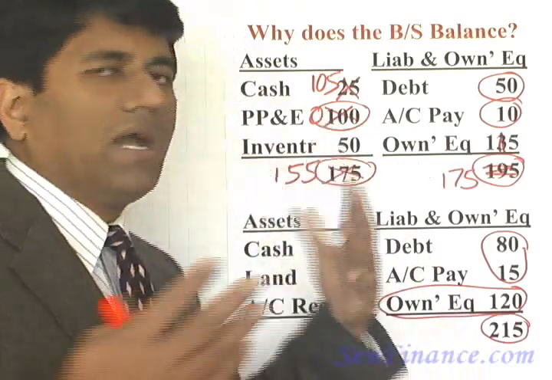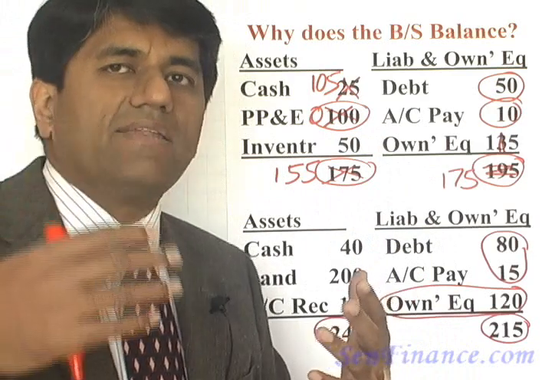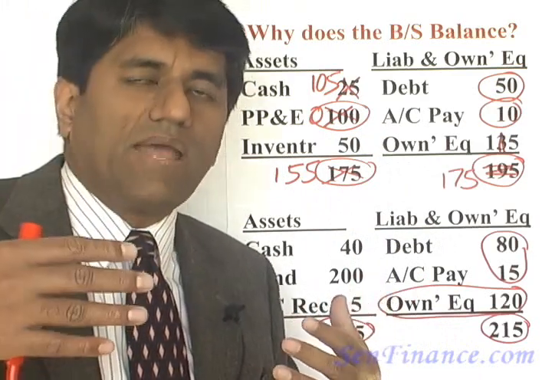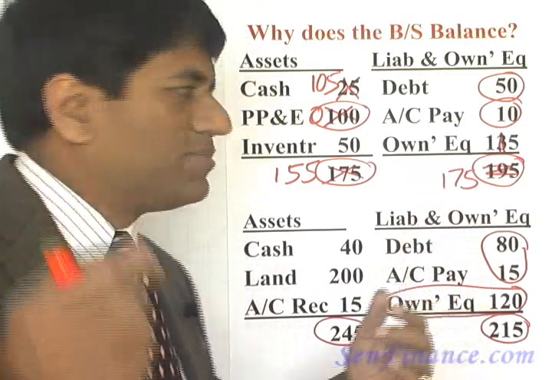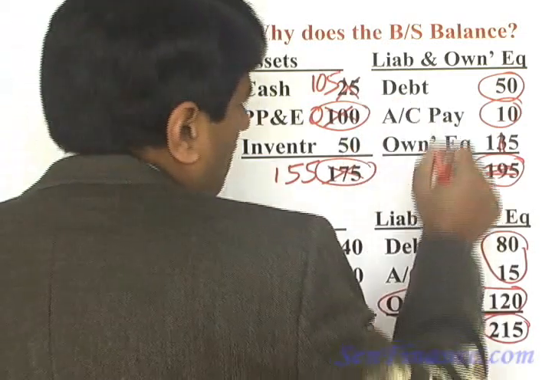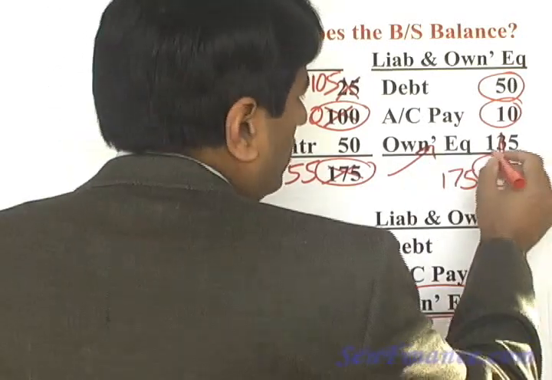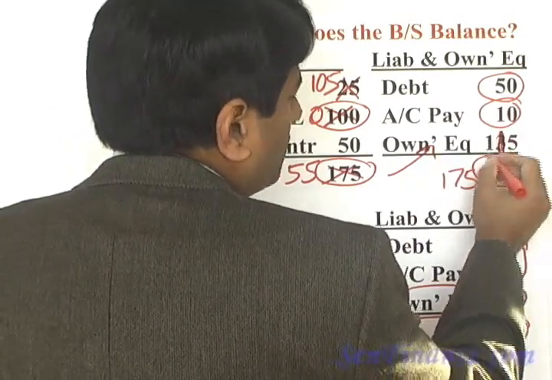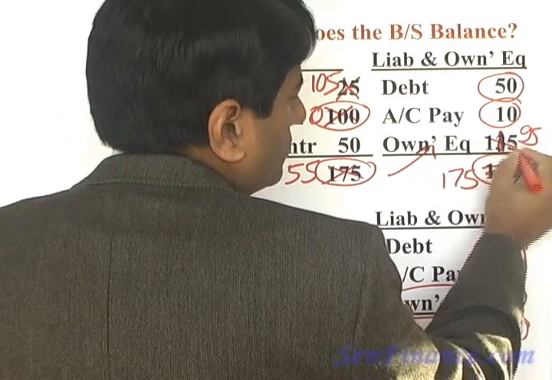What you had assumed to be 100 is now turning out to be 80, and that fall by 20 is a loss. Once it is recognized in the income statement, it is going to have an impact on owner's equity through retained earnings, and owner's equity will fall from 115 to 95.